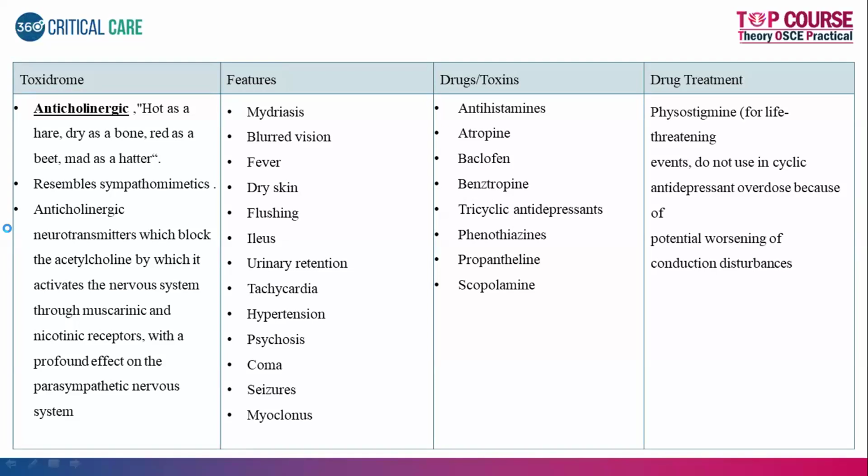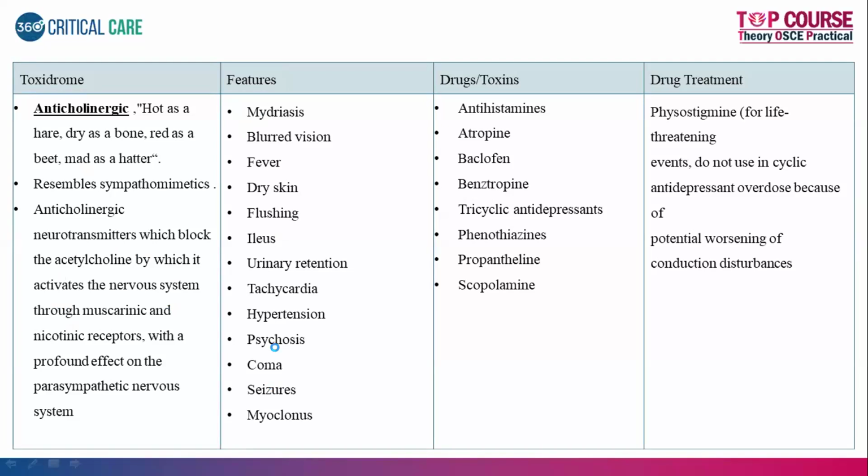Now coming to the first one, anticholinergics. They usually resemble sympathomimetics, and the mechanism of action is that they block acetylcholine, which activates the nervous system through muscarinic and nicotinic receptors. Now coming to the features.